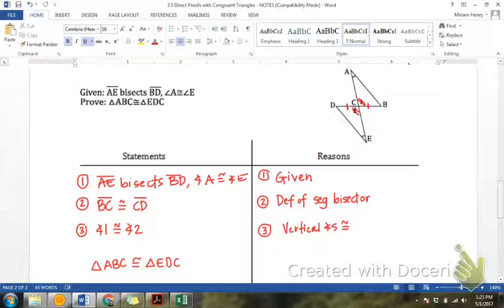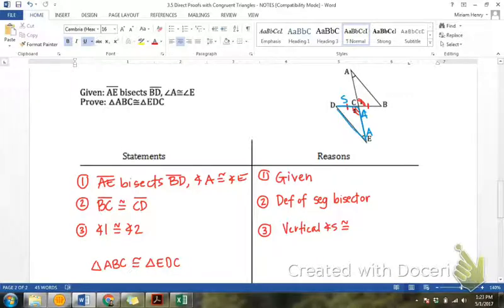Okay, now do we have enough information, or do we need to keep going to figure out if these two triangles are congruent? We have enough. What do we have here? Side equals side. Side, angle, angle, right? Do you guys see that? Side, angle, angle. Look, in one triangle, you only have one side that's been marked.